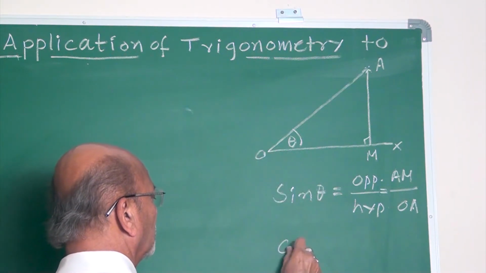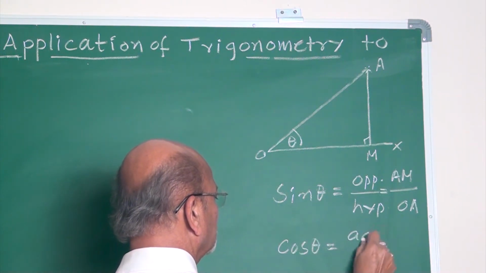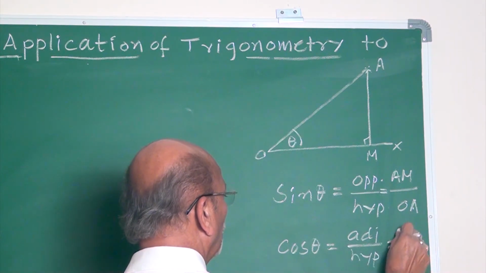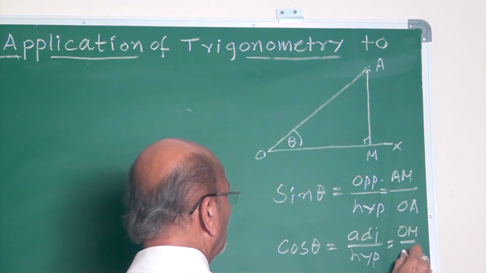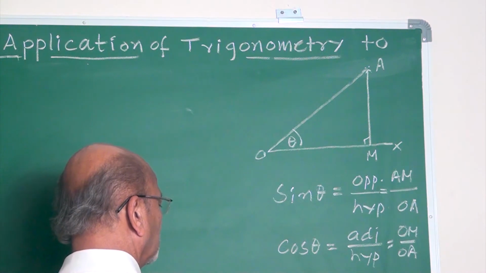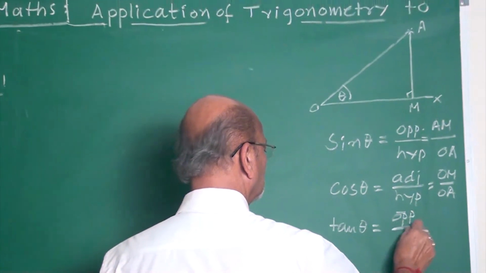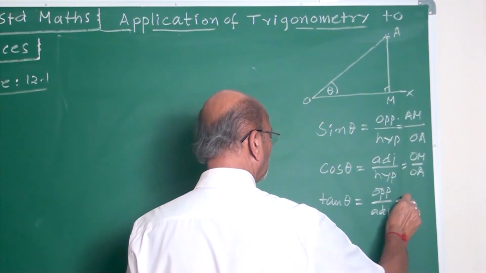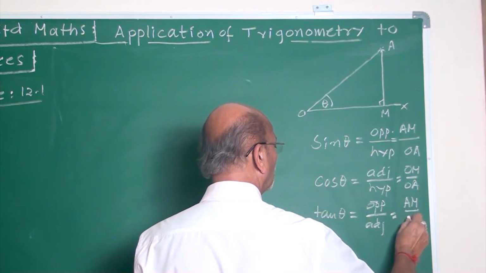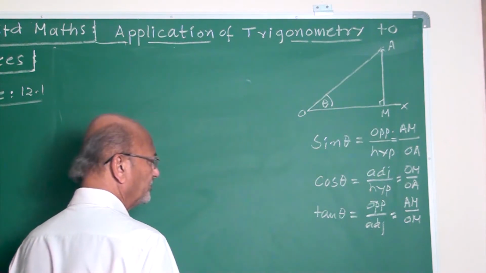Then cos theta is adjacent side upon hypotenuse, which is OM upon OA. Then tan theta is opposite side upon adjacent side, AM upon OM.